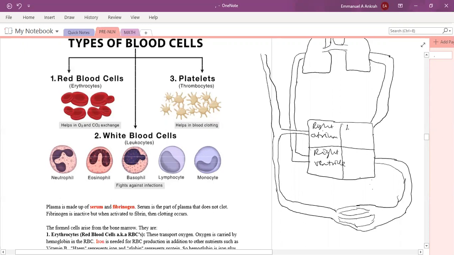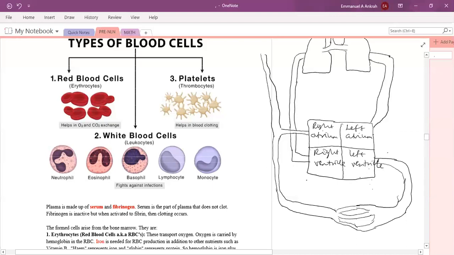Then we have the left atrium, and then left ventricle.